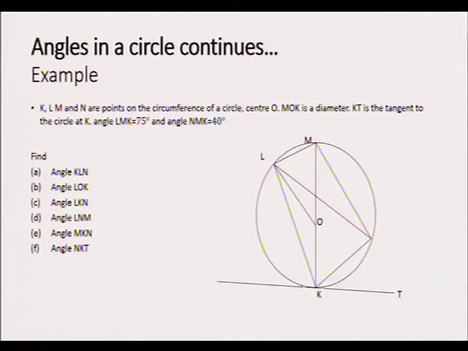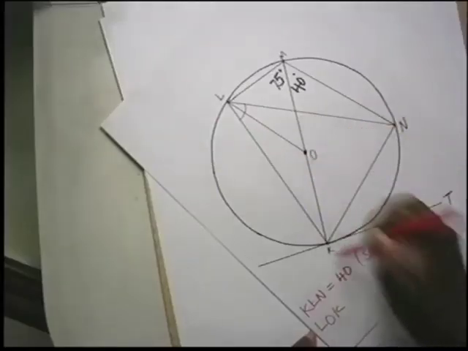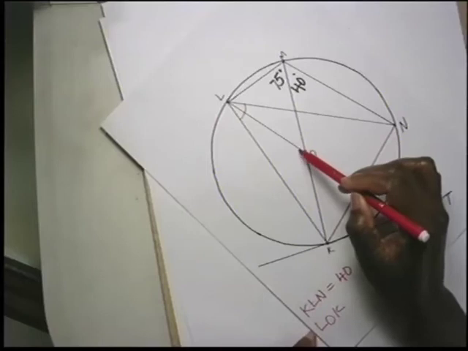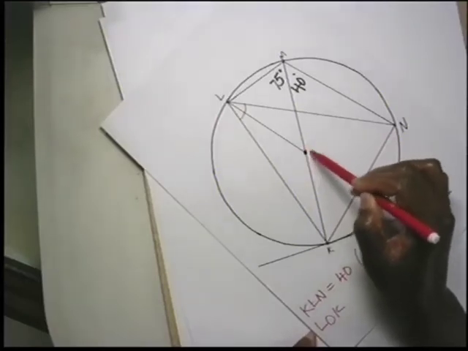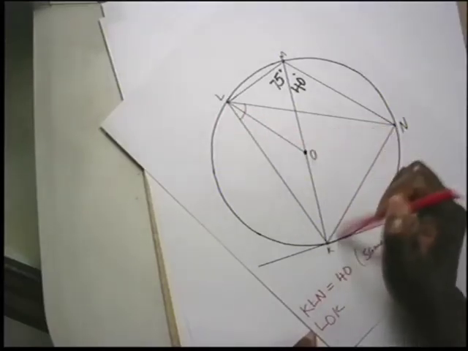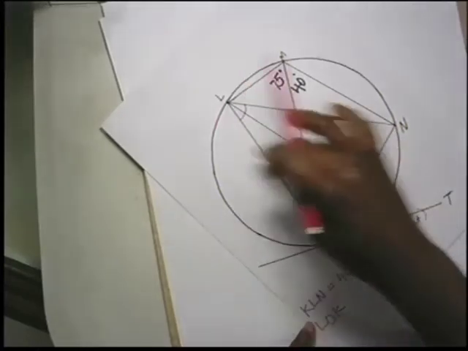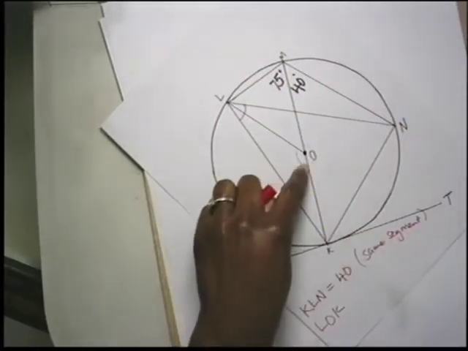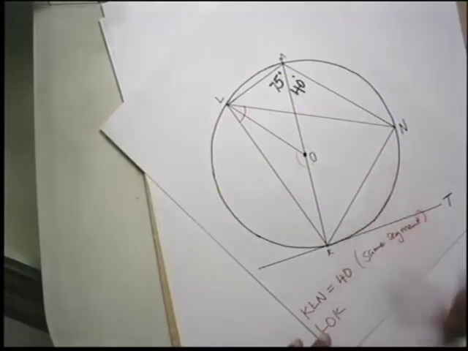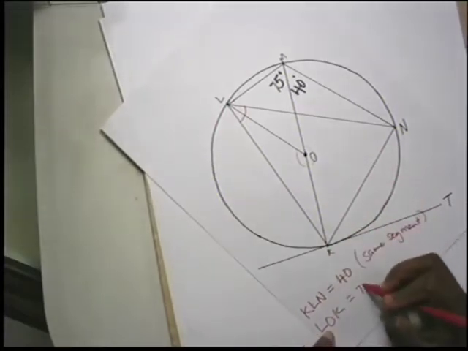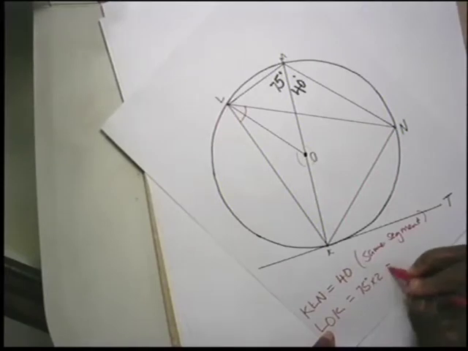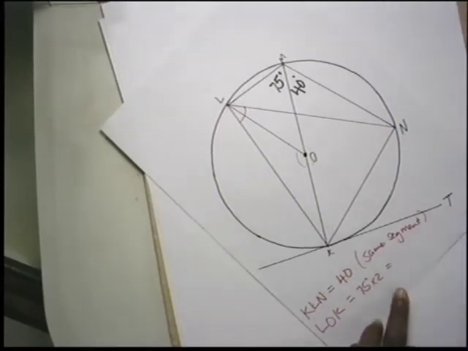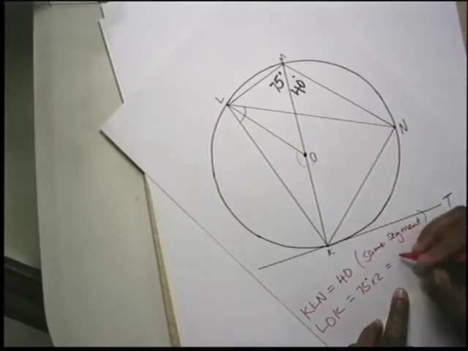B, it said angle LOK. The angle here. How can we get this angle here? So it's inside. This angle is going to be 75 times 2, which is 150 degrees.